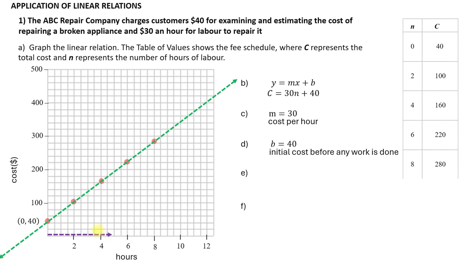And then from there we go directly vertically until we reach our graph. And we can see that it takes us to about $190 here. So 5 hours takes us up to the graph at the $190 mark.